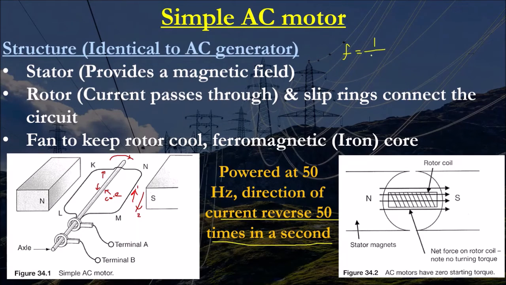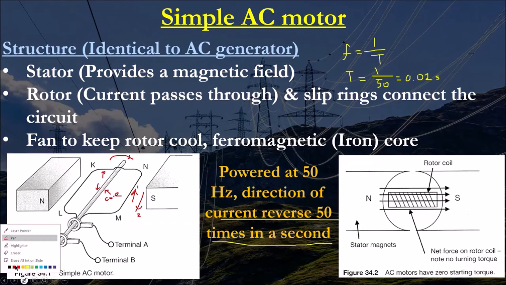So frequency is 1 over T. The time it takes for one oscillation is 1 over 50, so about every 0.02 seconds, the current will reverse on itself. So when this coil moves the other direction, it will reverse, and that's how you get that motor rotating in the same direction.